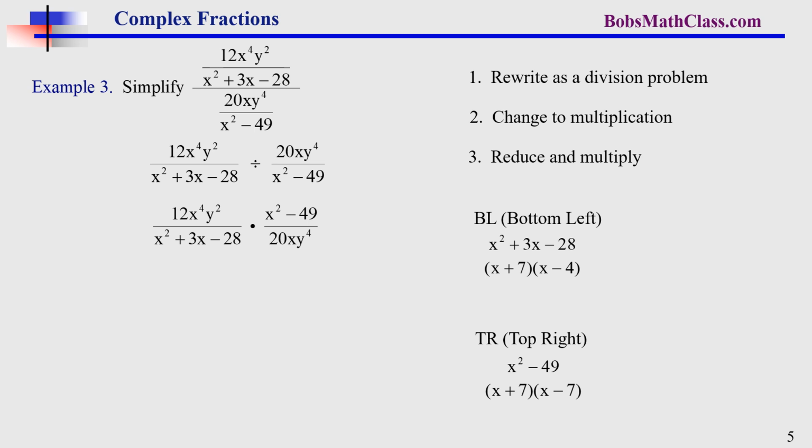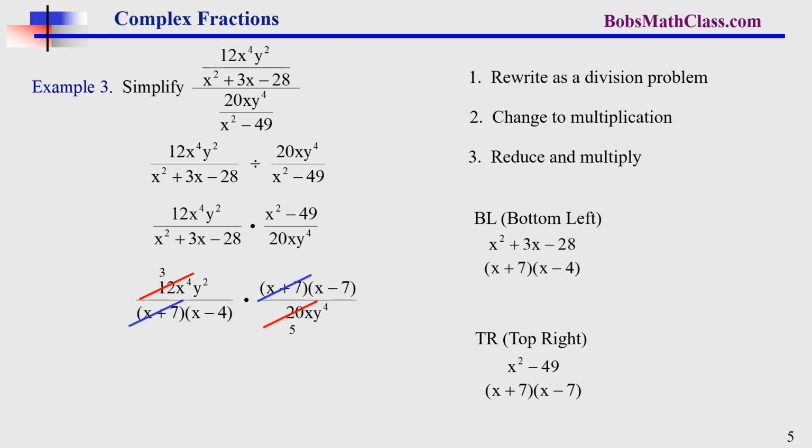So now rewrite those in the problem, replacing the binomial and the trinomial. And now we can do some canceling. The x plus 7's cancel. Anything else? Yeah, how about the 12 and the 20? 4 goes into 12 3 times. 4 goes into 20 5 times.